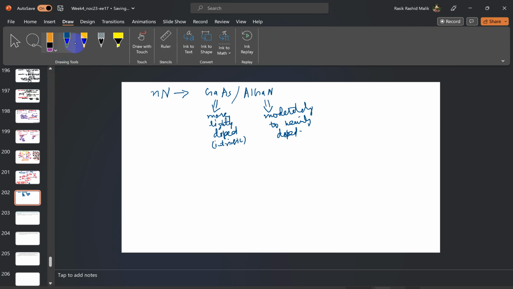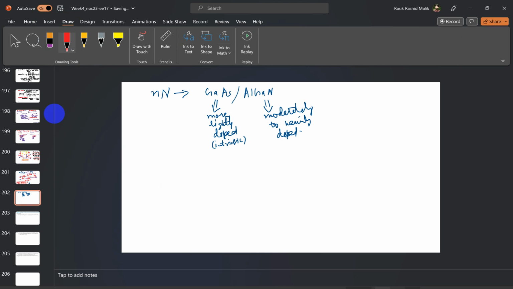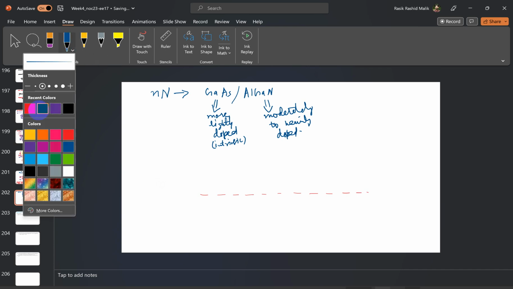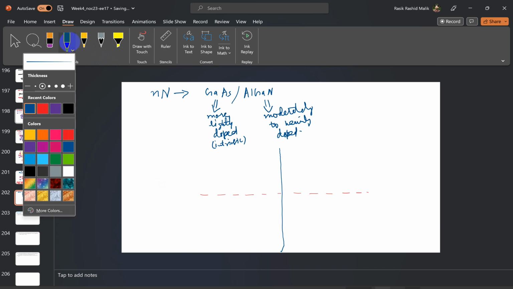In thermal equilibrium, what will happen? We will have the common Fermi energy, and then say this is the junction interface.